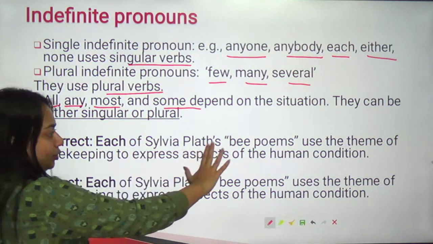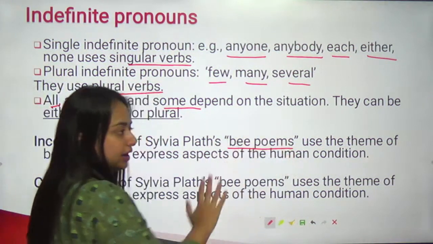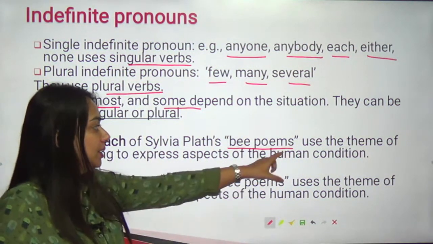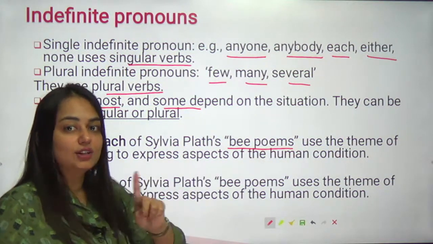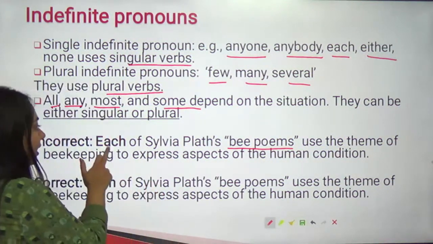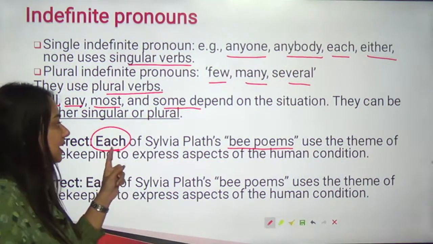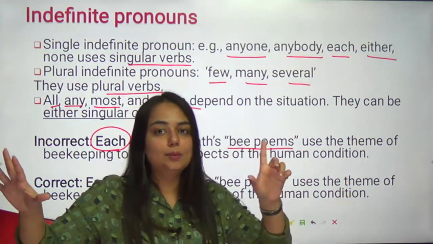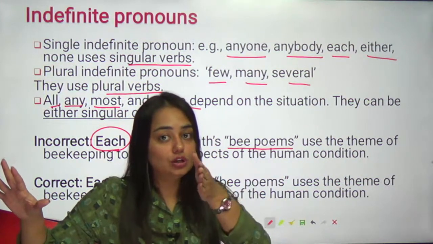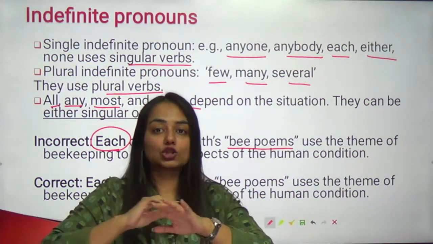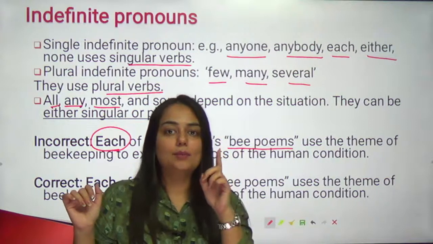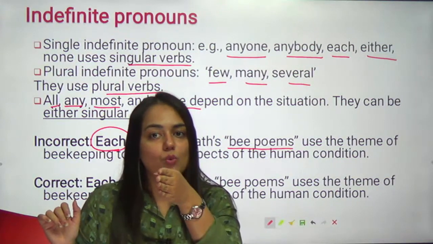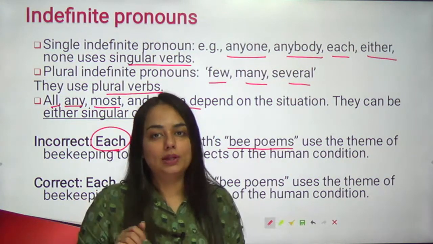Now after reading it you will feel that bee poems is the subject here. Bee poems is plural, but it's not the subject. Our subject is each. So when I say each of Sylvia Plath's bee poems, though poems are many, at one point of time I am only talking about one. When I say each of the students, I am at one point of time only referring to one, everyone individually.